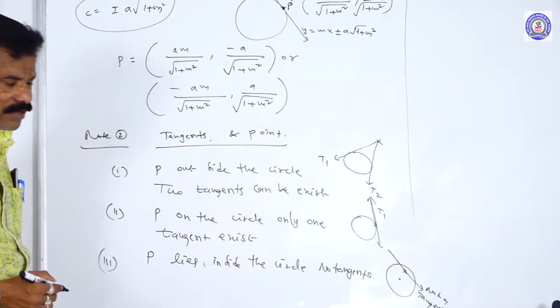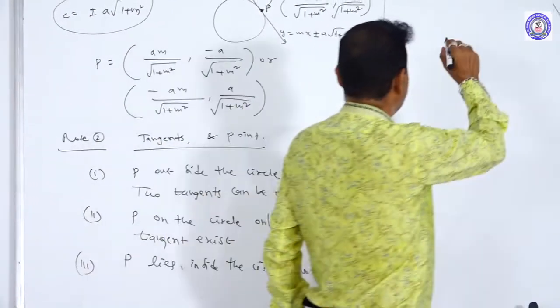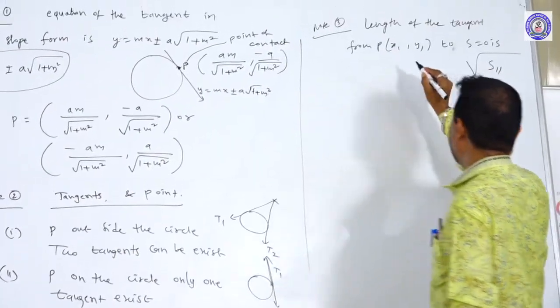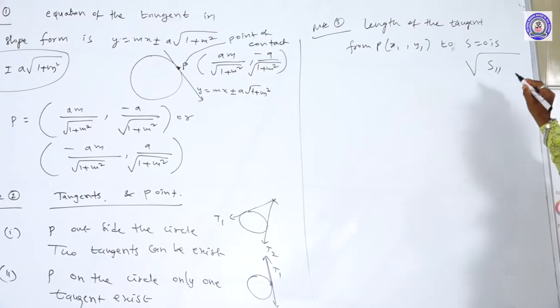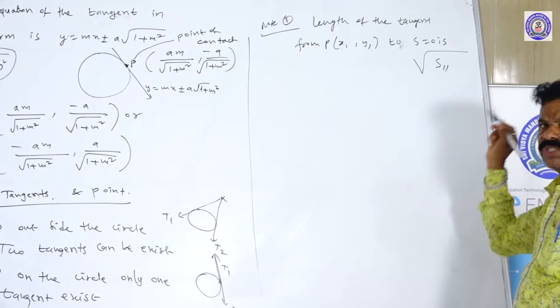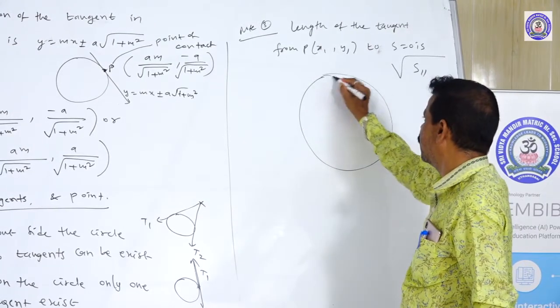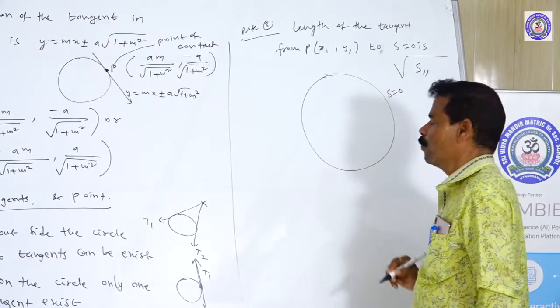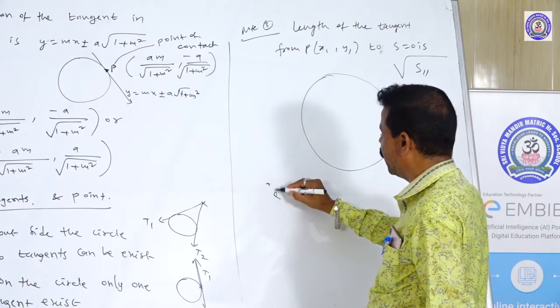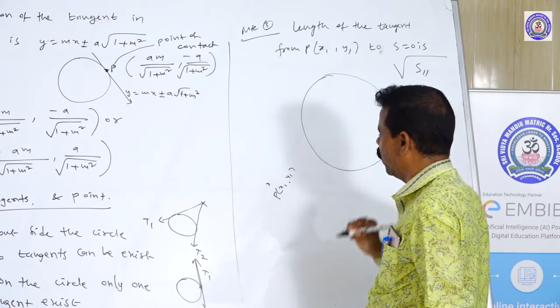Tangent does not exist. Next, the length of the tangent from P(x1, y1) to the circle S = 0. S means circle. This is the circle S = 0, and point P is any point in the plane, (x1, y1).